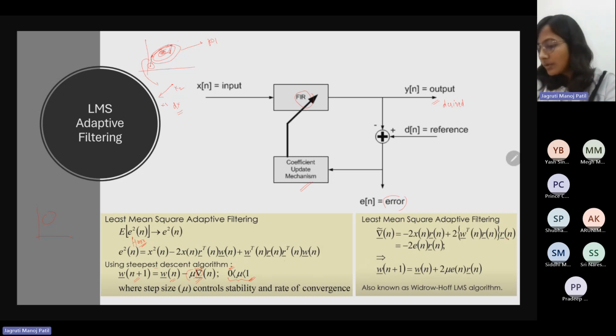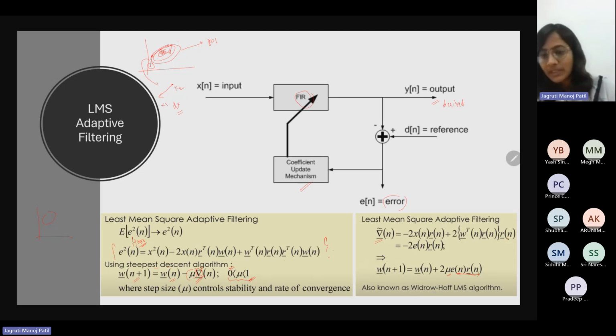Now if you go from this point to here, and you take the differentiation of this whole error equation and resubstitute these values into here, you get the same equation, but now here there's E of n between your signal as well as the reference signal. This equation is also called the Widrow-Hoff LMS algorithm.